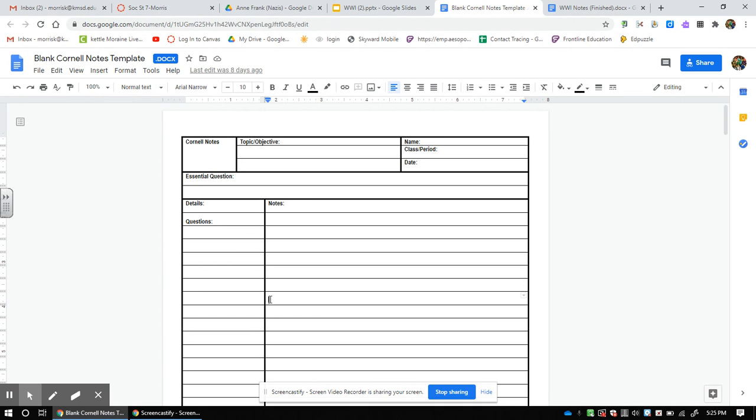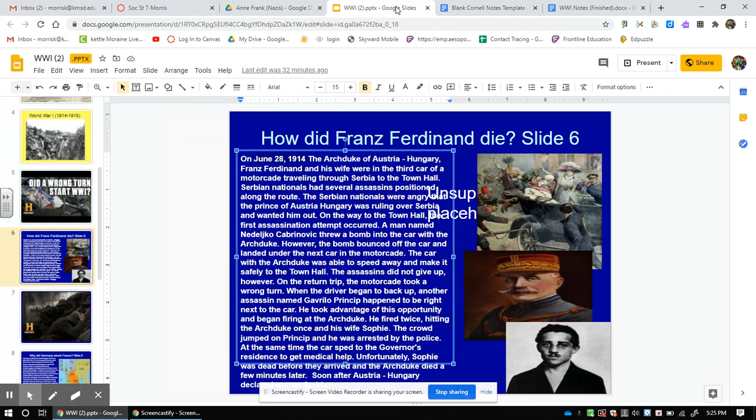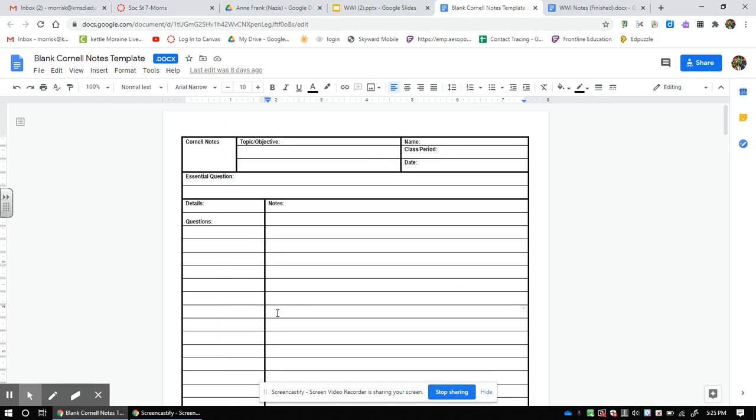How? Well, it talks about how Gavrilo Princip was standing next to the motorcade when they made that turn, and he shot and killed Franz Ferdinand, and he killed his wife Sophie. When? June 14th. Was it the 14th? Oh, June 28th, 1914 is the when.